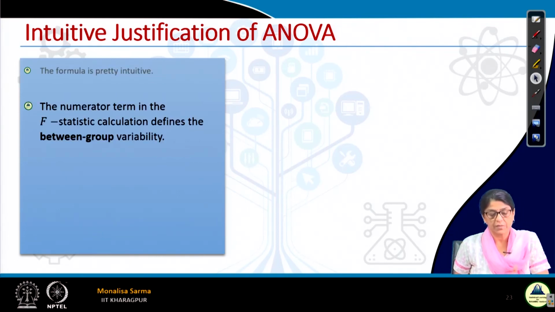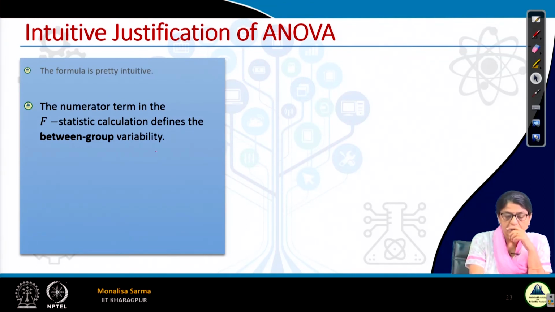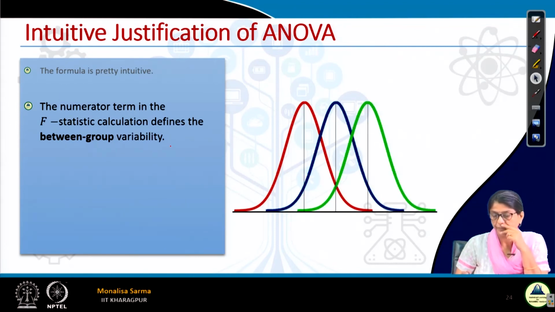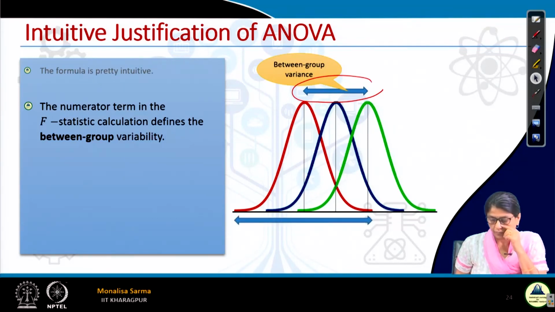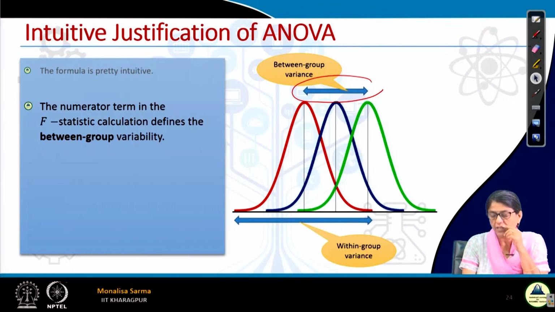In the F calculation, the numerator term defines the between group variability. This is the between group variability. The denominator term is the within group variability, the variability within the group.